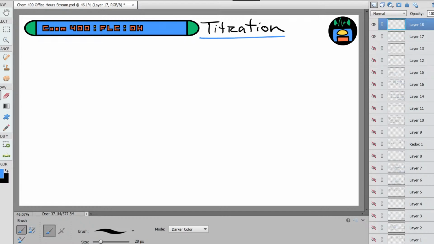All right, so this is a titration problem. It's a little different than the ones I presented in class, so hopefully it'll be a decent challenge. But let's see.